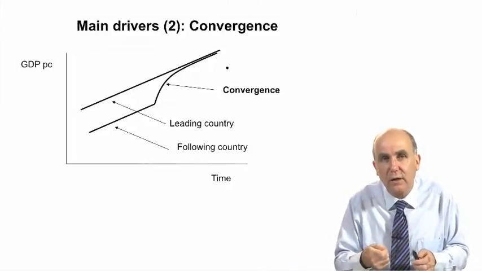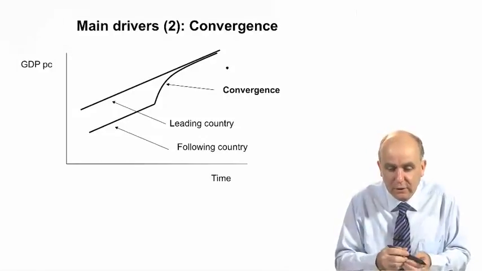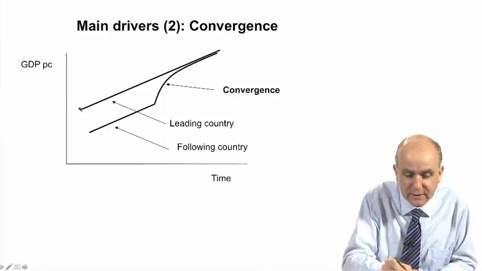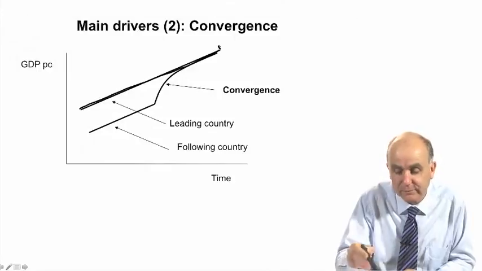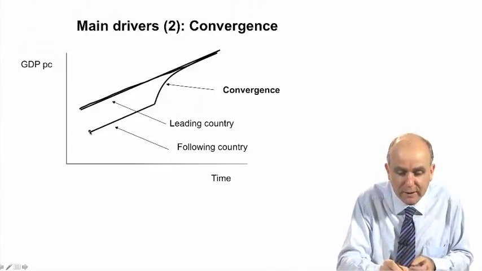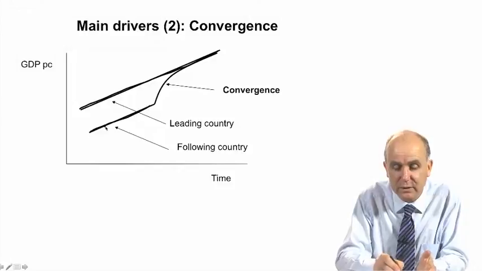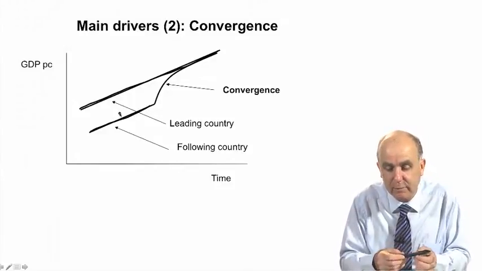The second driver of rapid growth is what's called convergence. Convergence is the idea that there's a leading country, for example the United States during this period, and there are following countries. The following country has a level of GDP per capita, the way I've drawn it, which is below the leading country.